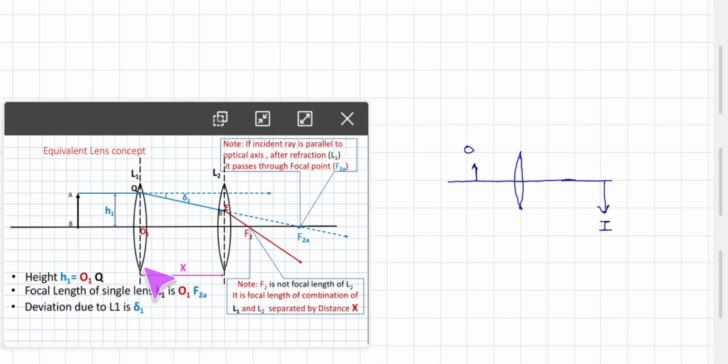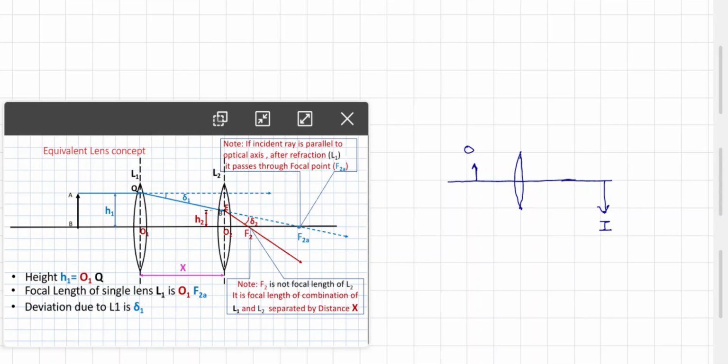Now here we are considering the distance between two lenses is x. So obviously distance from this point Q and this point another R, that is also x. So here it is delta 1 and this is point O2. So here we see.